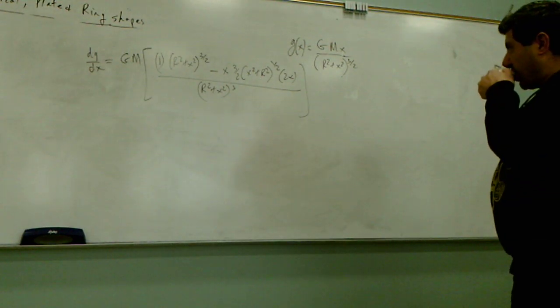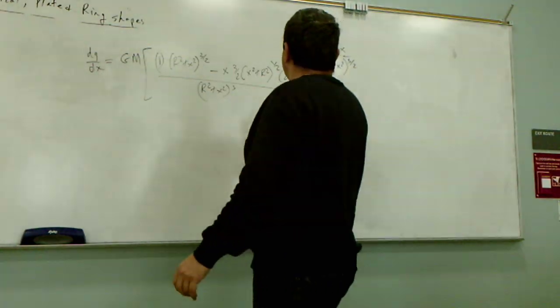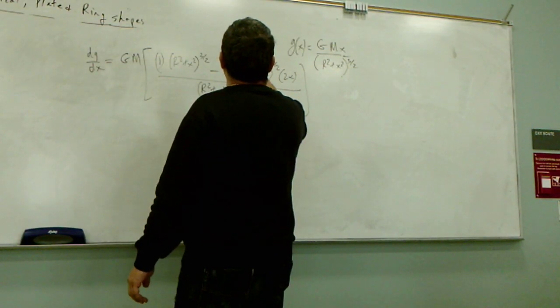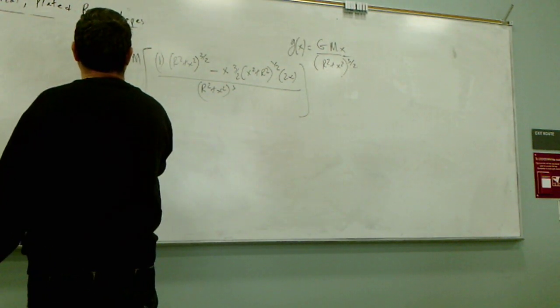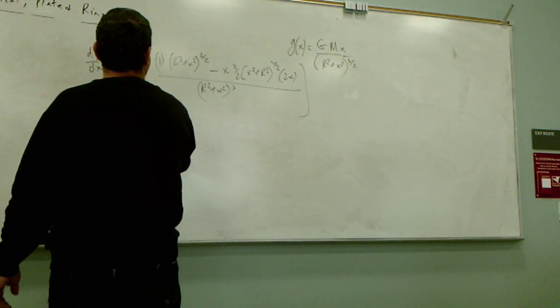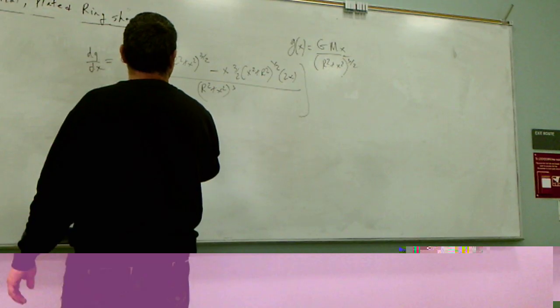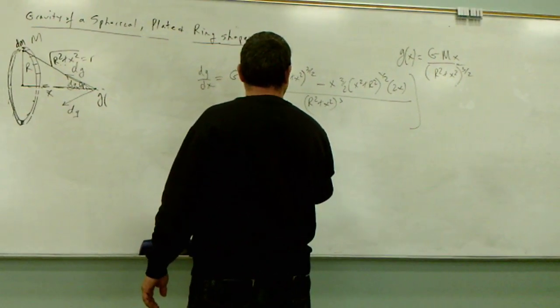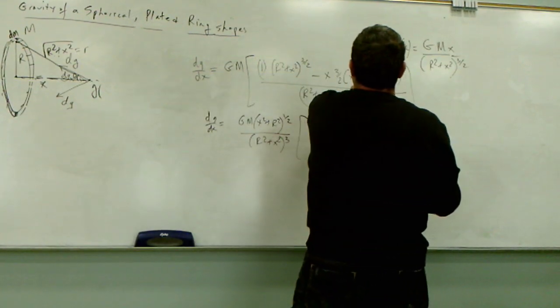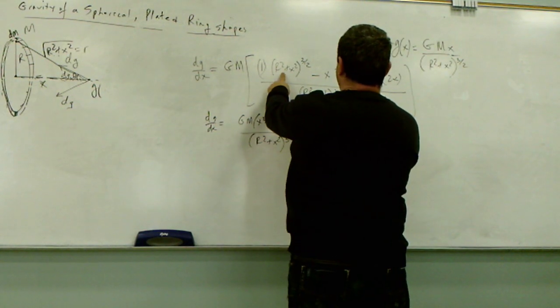So, okay, then we can factor out the x squared plus r squared, right? Then once you factor this out, that disappears, and then you have here what?